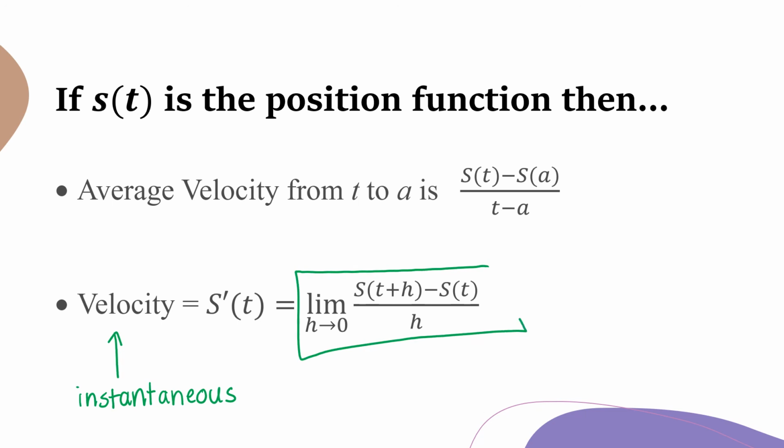Notice how we're using the definition that has the h. Although we could use the other definition, this is the most commonly used definition because it ends up being a little easier to simplify and work with for many problems.